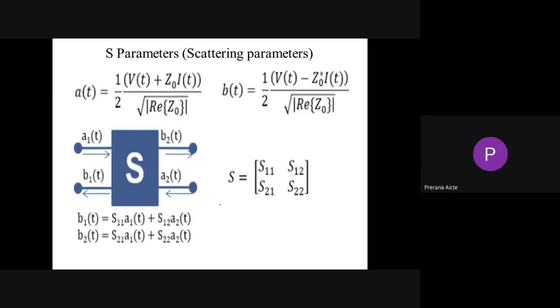Next, how these are represented in terms of a network. A1 is the incoming wave and B1 is the outgoing wave at port 1. Similarly, A2 is the incoming and B2 is the outgoing wave at port 2, and S is the network.